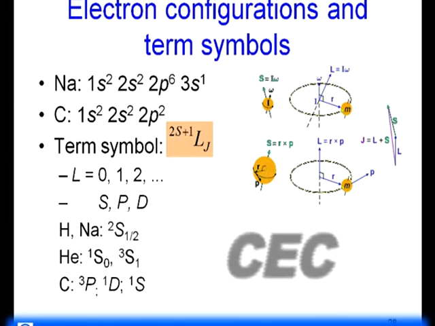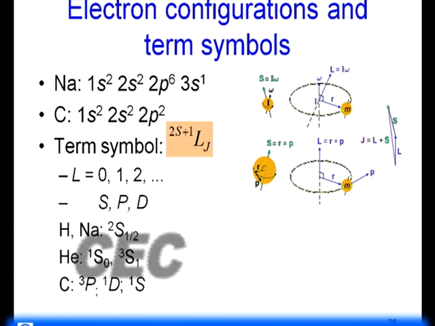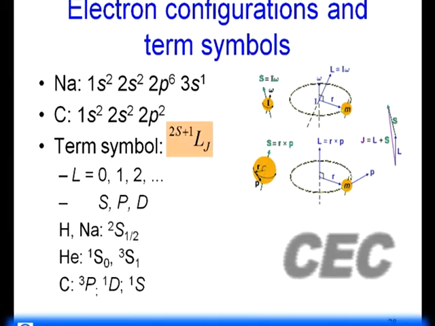2S plus 1 gives you the spin multiplicity. If S is the spin quantum number, then the total number of states which have the same energy is given by 2S plus 1. Remember that the energy does not depend upon the spin quantum number, so all orientations of the spin have the same energy in the absence of a magnetic field.